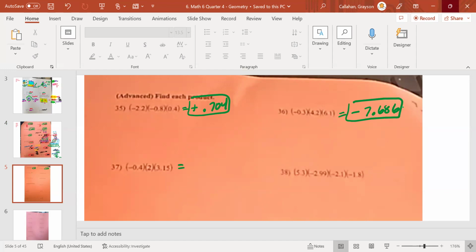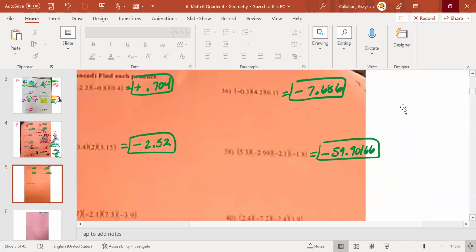Negative times a positive is a negative. 0.4 times 2 times 3.15 is a negative 2.52. 38, positive times a negative times a negative times a negative is a negative. 5.3 times 2.99 times 2.1 times 1.8 is a 59.90166.